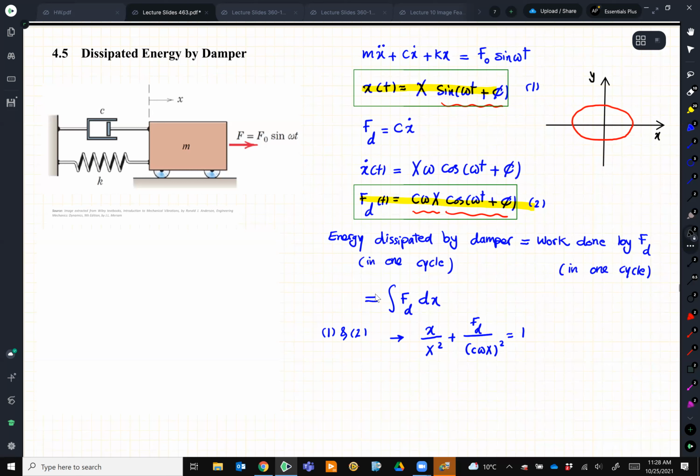Remember, we had x squared divided by a squared. Let's say this distance is a, and let's say this distance is b. So this is b, this is a. Then I can write down x squared over a squared plus y squared over b squared is equal to 1. That's the equation for an ellipse, right? So the same here, we have an equation for an ellipse.